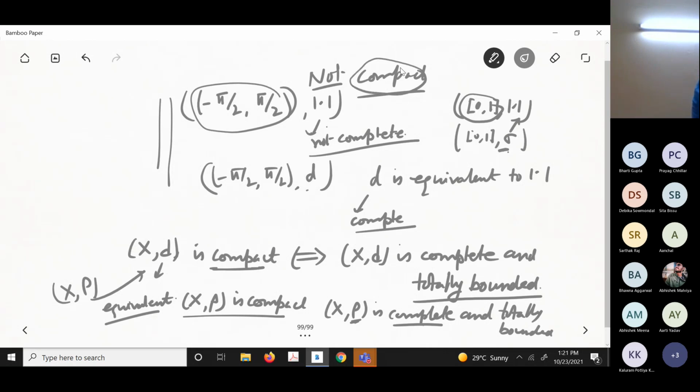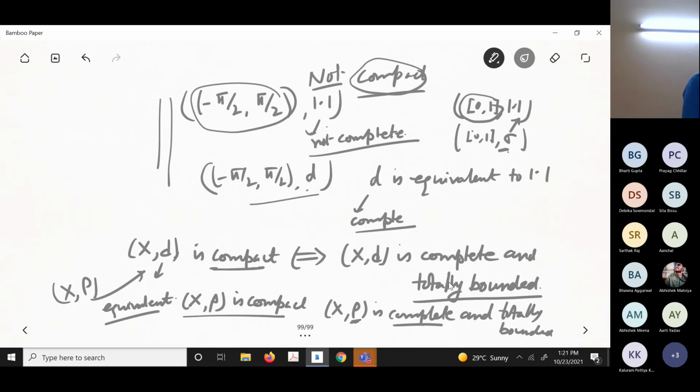If you have a compact metric space, it behaves very well. If X is a compact metric space, then an equivalent metric will behave in a similar fashion. Another equivalent metric you take has to be also complete. I have talked about this in the remark.